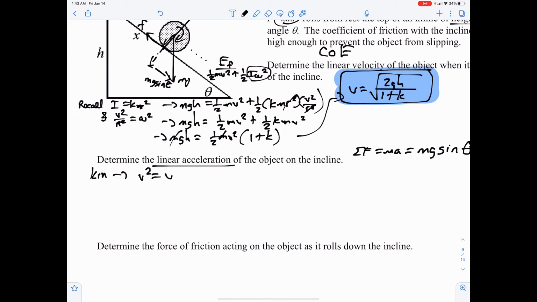V squared equals V naught squared plus 2ax. Okay, and we're solving for a. So starting from rest, well, another way to do it would be v squared.